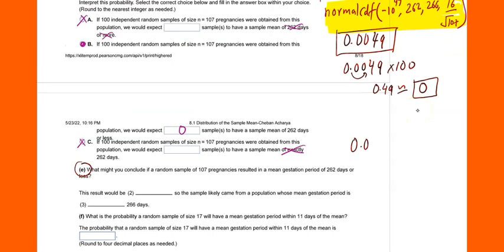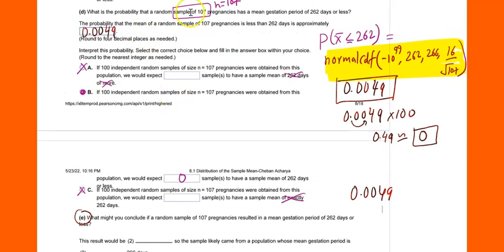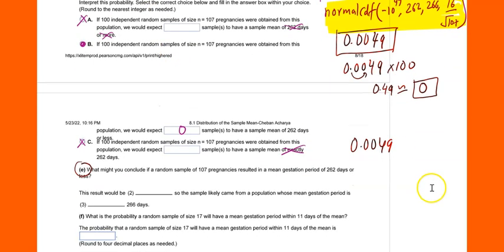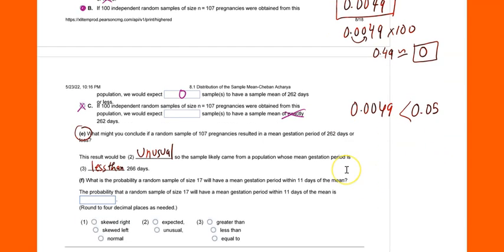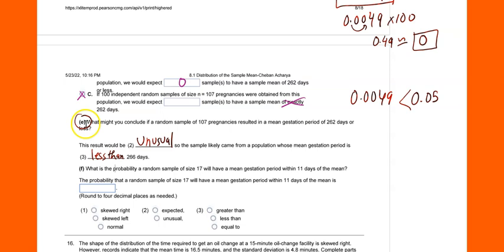Remember what you get in part D for the sample of 107, 0.0049. This is less than 0.05. Correct? Therefore, we conclude the results would be unusual. So the sample likely came from a population whose mean gestation period is less than 266 days. That's part E.